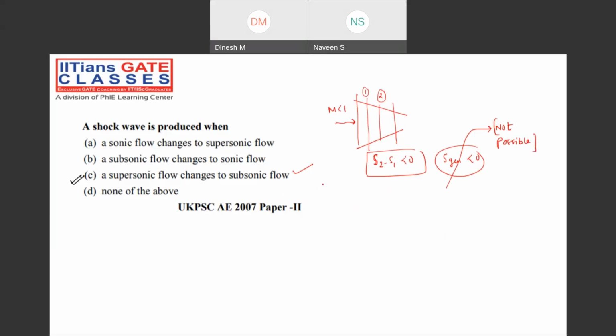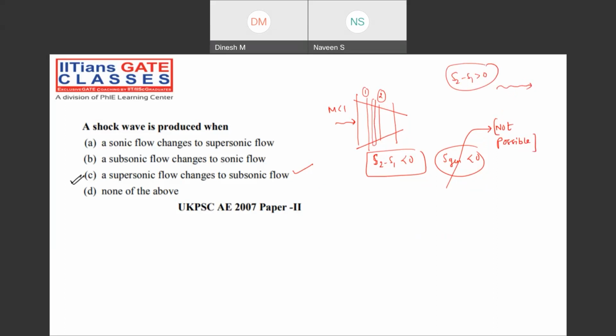The temperature value will be so low that it cannot happen. The shock cannot be produced. Shock can always be produced when the flow is happening in the possible flow direction. When entropy increases, that means there is an increment in the entropy, and from the second law of thermodynamics, the flow always occurs in the direction of increasing entropy.